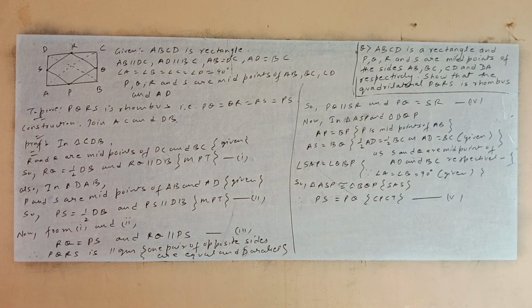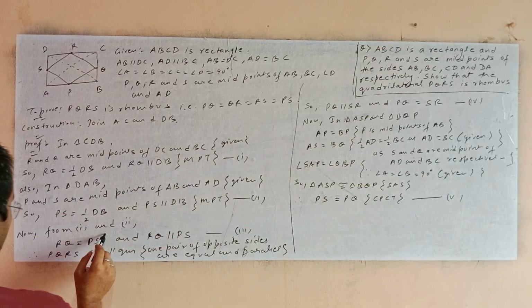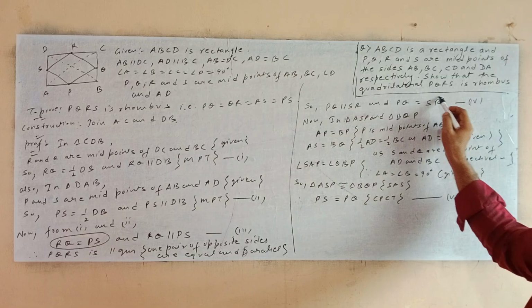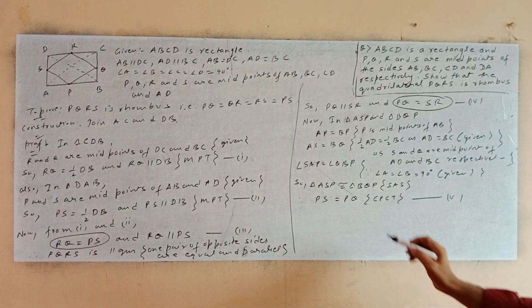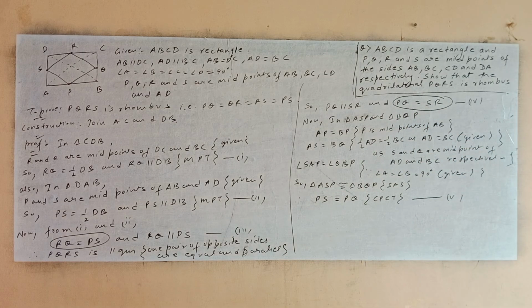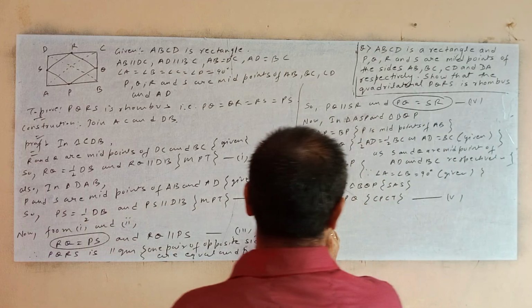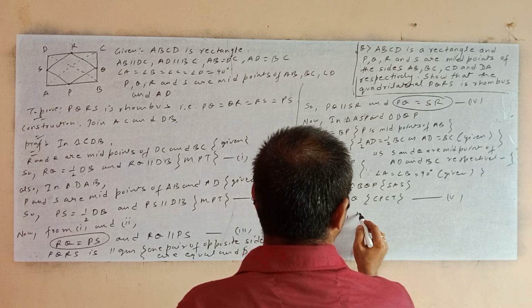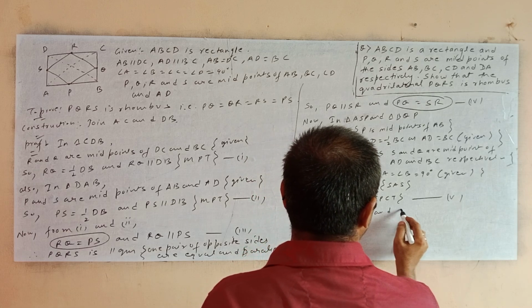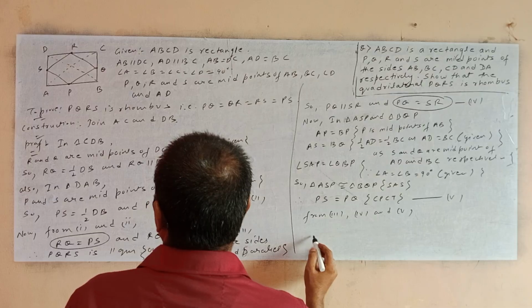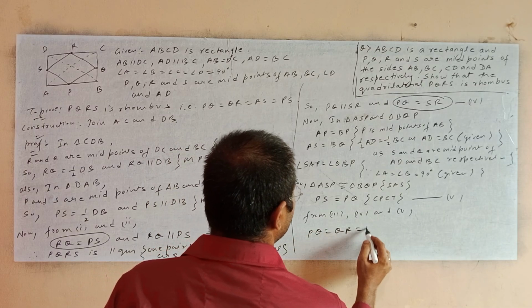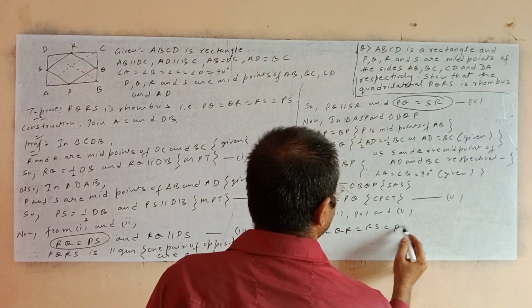Now compare third. See, RQ is equal to PS, and here PQ is equal to SR, and here PS is equal to PQ. So from third, fourth, and fifth, you can say that PQ is equal to QR is equal to RS is equal to PS.